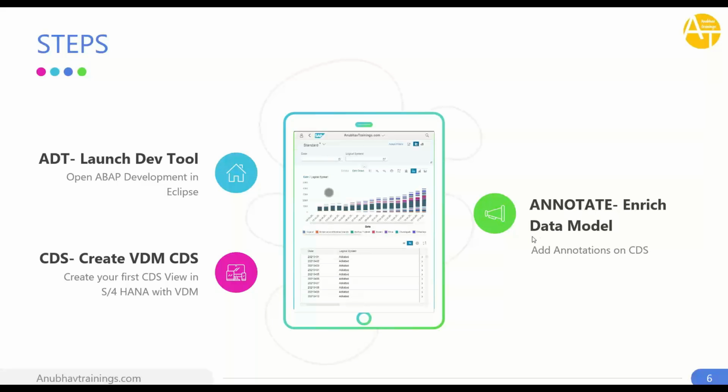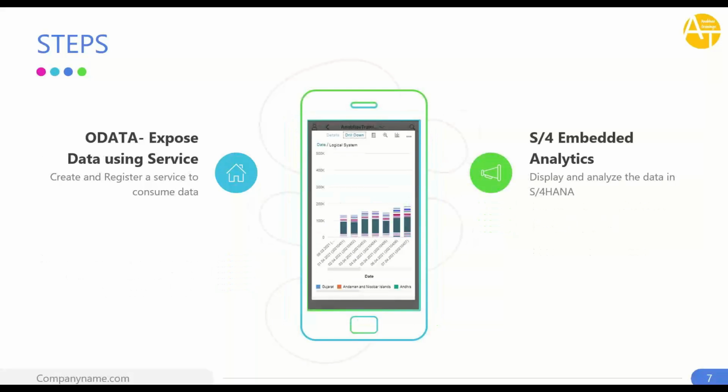We will enrich our CDS data model with annotations so that it can provide the necessary metadata information to our Fiori application. In the next phase, we are going to expose an OData service out of our S4HANA system, which supplies data to the SAP Fiori application. And finally, we will see how to consume it in a Fiori application built on Business Application Studio.